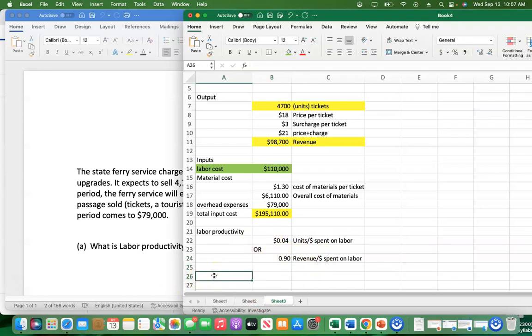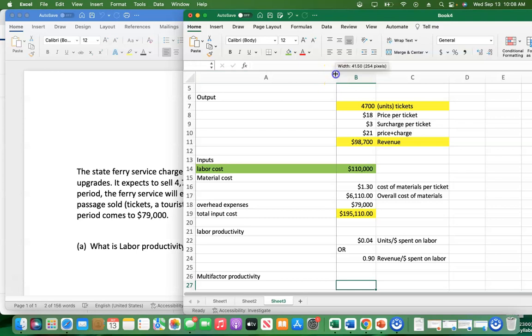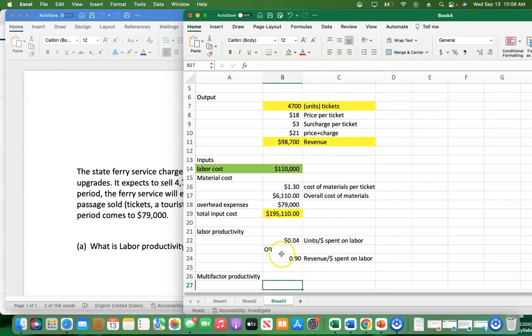Now, if we are to look for the multi-factor productivity, we can put equal sign, and so we can look at output in terms of units divide by the overall total cost, or we can actually take the revenue divided by the total input cost.